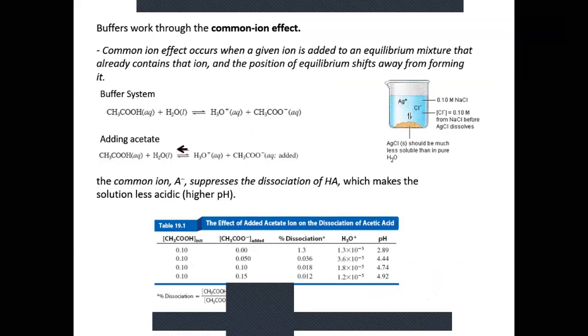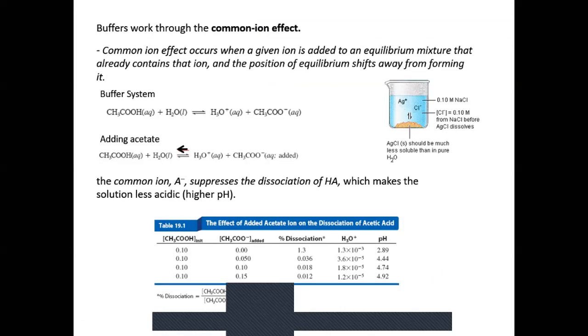So a common ion effect occurs when you already have a common ion in solution and you add more of that ion, so the equilibrium is going to shift in a way to keep it from forming.